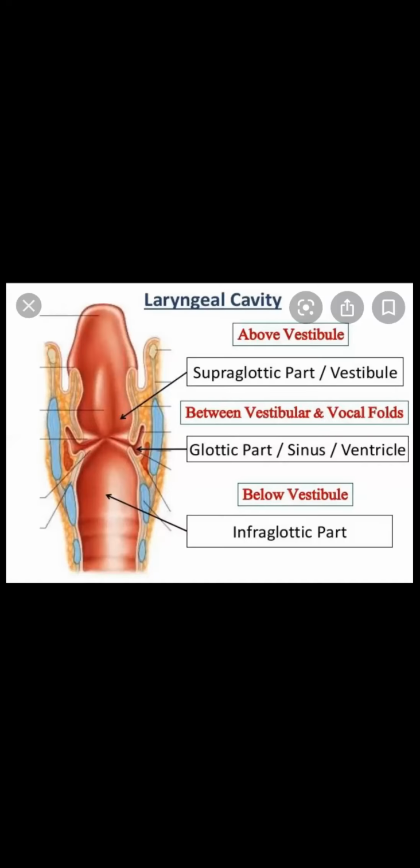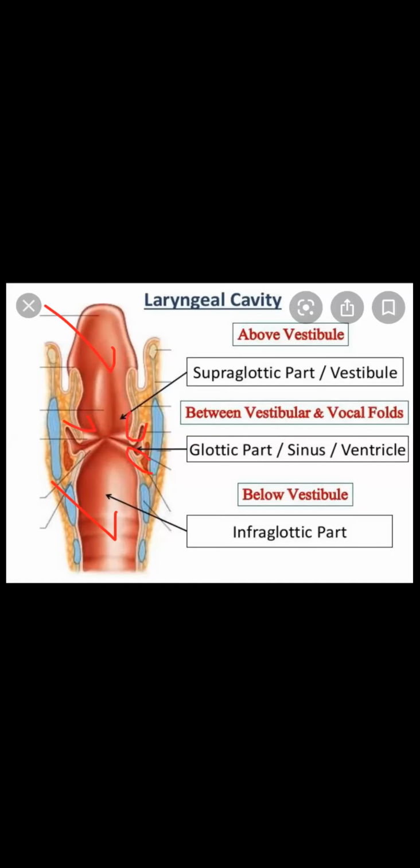I will show you another view for the anatomy of the larynx, which will make it simple. As you see here, you have what's called the vestibule. This is an anatomical landmark dividing the larynx into above the vestibular fold and below it. The vestibule is just a mucosal fold and widened area above the vocal fold.